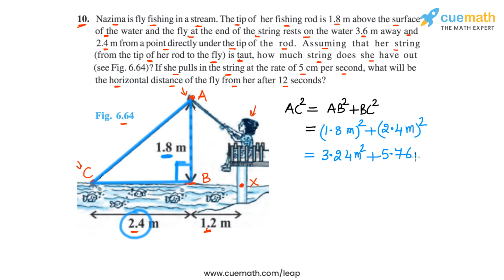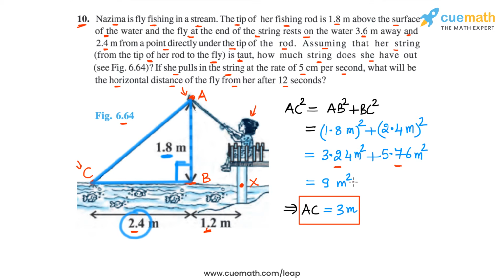So we get 5.76 meter square. And now 3.24 plus 5.76 is exactly equal to 9. So we get 9 meter square. So AC square is 9 meter square, and this means that AC, now you take the square root, AC will be equal to 3 meters. So the first answer is 3 meters. The length of string that she has out is 3 meters.